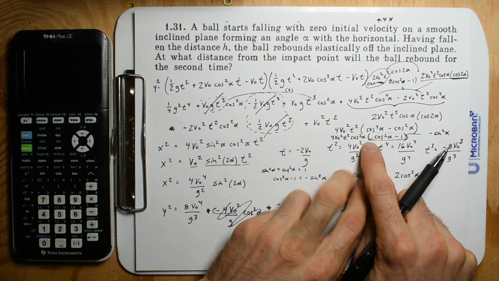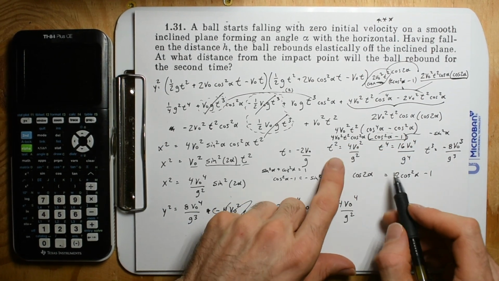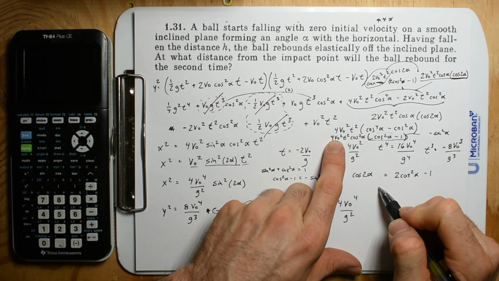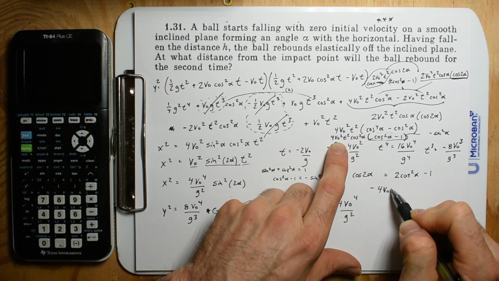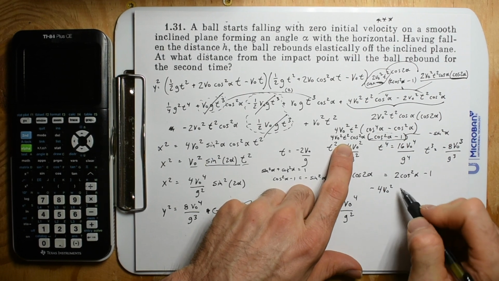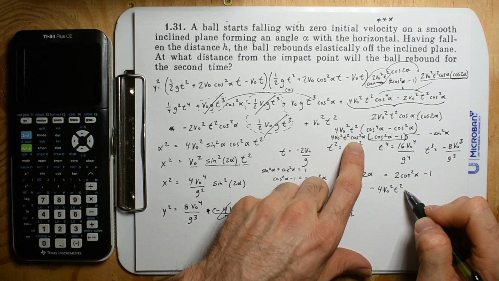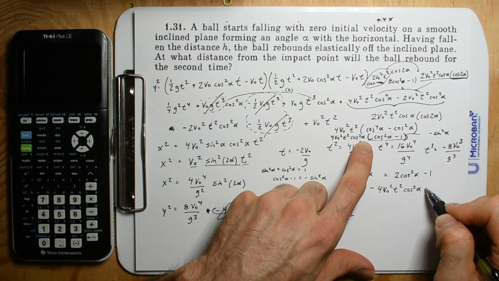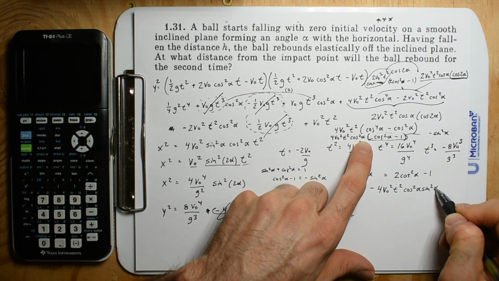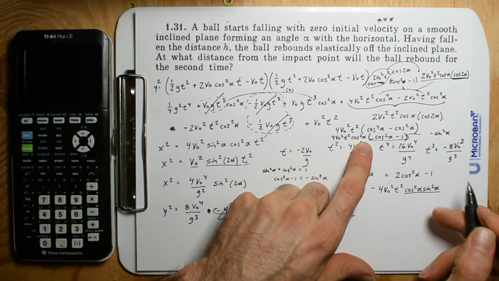And yeah, that's just fascinating. So I guess I'm just going to write this one right here. We're going to have negative v naught squared t squared cosine squared alpha sine squared alpha, and I'm going to look up what that represents.